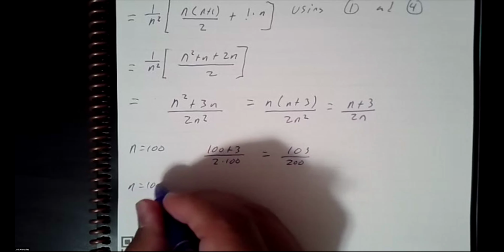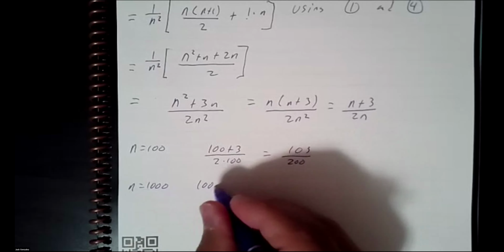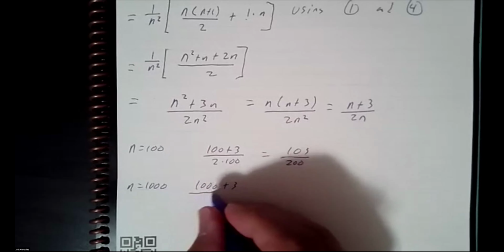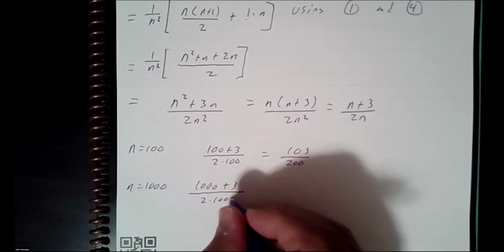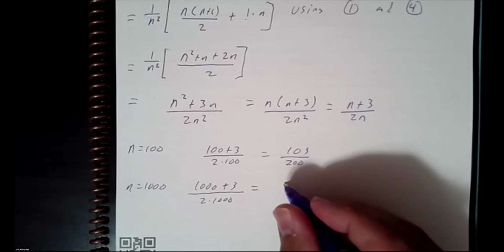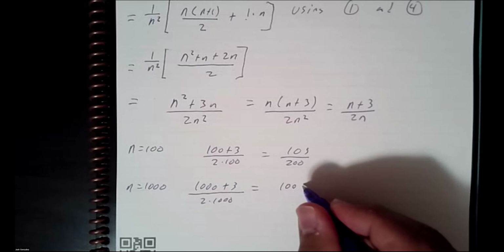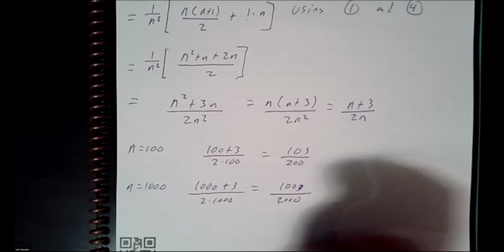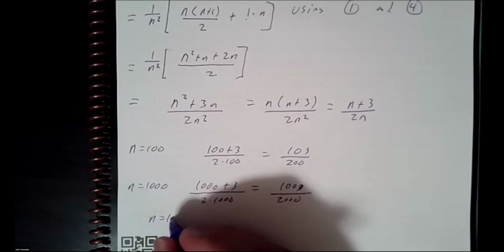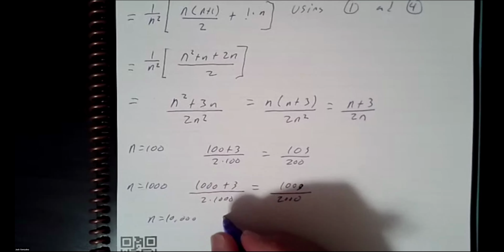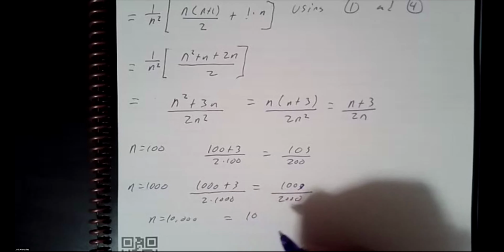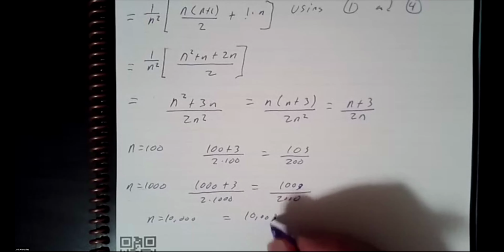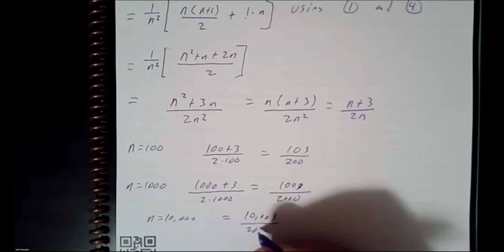Plug in 1,000, it'd be 1,000 plus 3 over 2 times 1,000, which is 1,003 over 2,000. n equal to 10,000, same deal, it'd be 10,003 over 20,000.